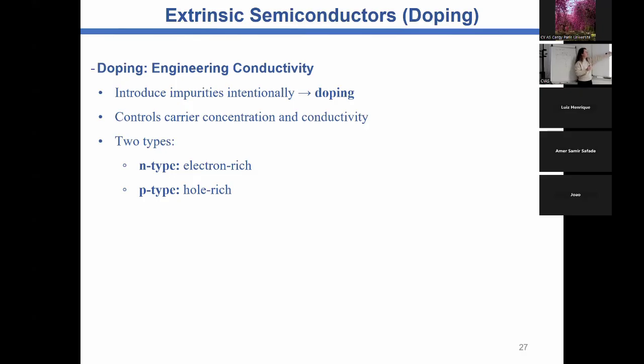It means that with N type we have a more electron-rich material, and with P type we have a more hole-rich material. Sometimes when we think about mobility, we just think about electrons, but not just electrons can be used; we can also have the movement of the holes.